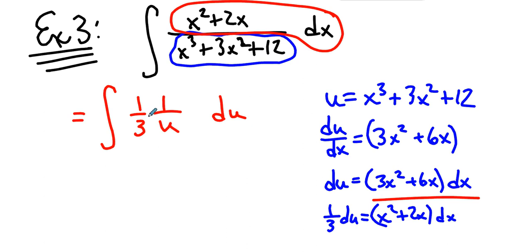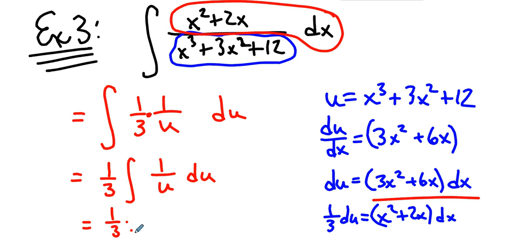Now, what do we know about integrals? We know that constants that are multiplied can come right out. I don't have to worry about them, and I can just focus on what 1 over u's antiderivative is. So what's the thing whose derivative is 1 over u? Well, the thing whose derivative is 1 over u is the natural log of the absolute value of u.